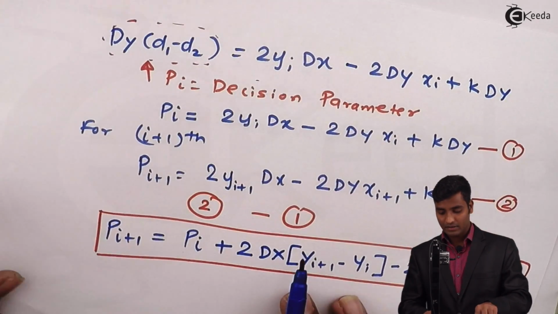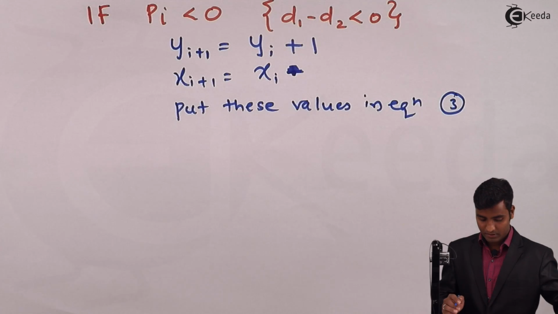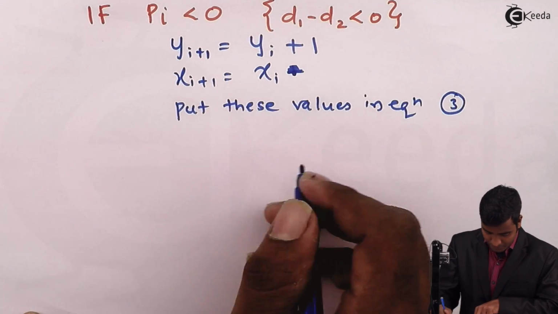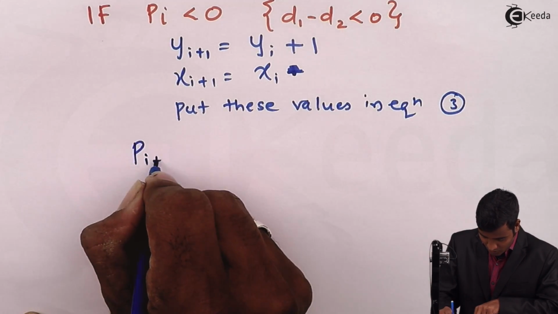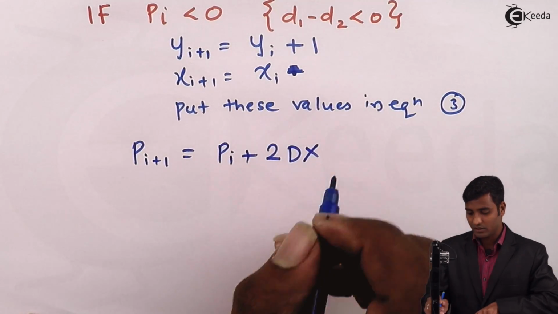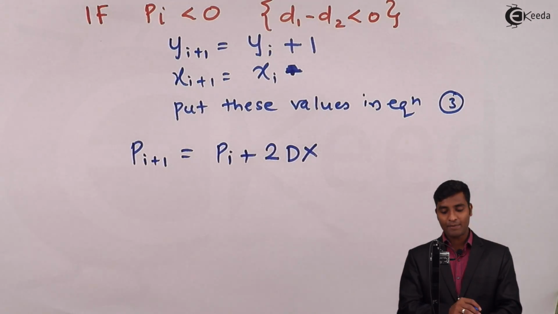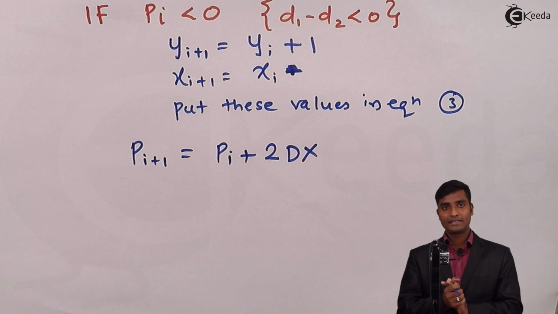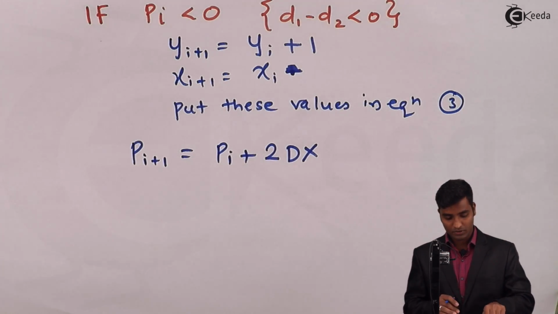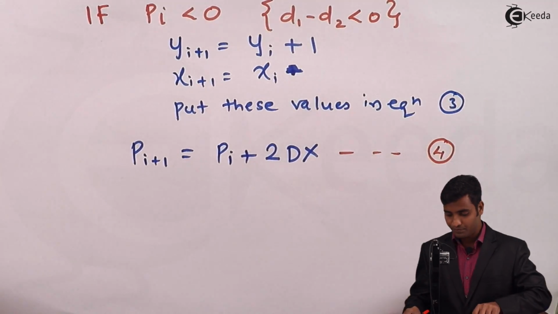After replacing, I will get pi plus 1 as pi plus 2 into dx. So I get the decision parameter as pi plus 2 dx for decision parameter less than 0. So I will call it equation 4.